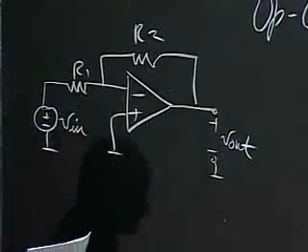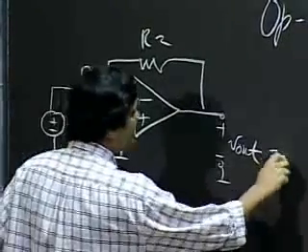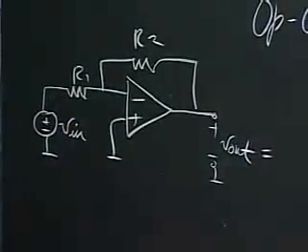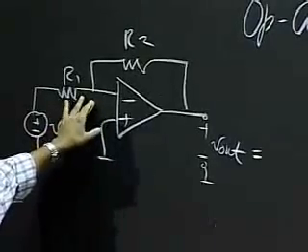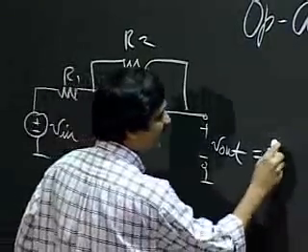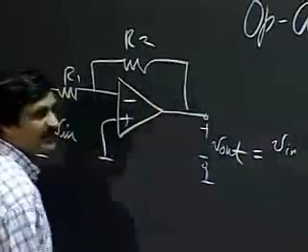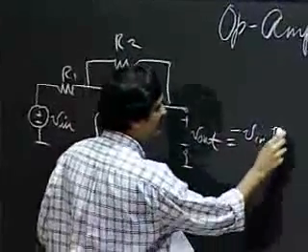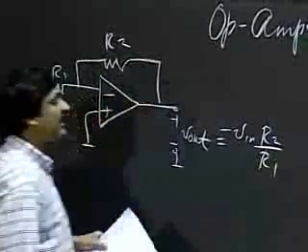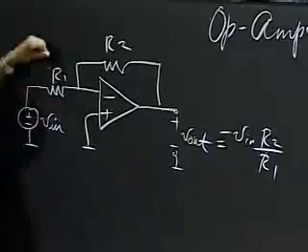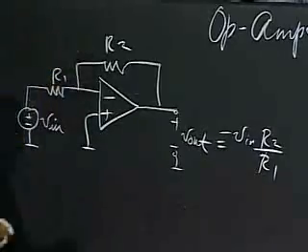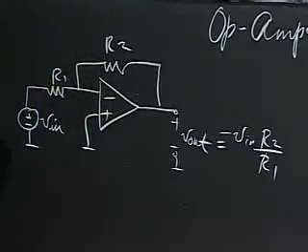And I apply a Vin. So by now, you should be able to look at this pattern. And this is your inverting amplifier pattern. So you should be able to write down by inspection, this is simply minus Vin times R2 divided by R1. Okay? So this is an amplifier whose gain is controlled by the ratio of R2 and R1.